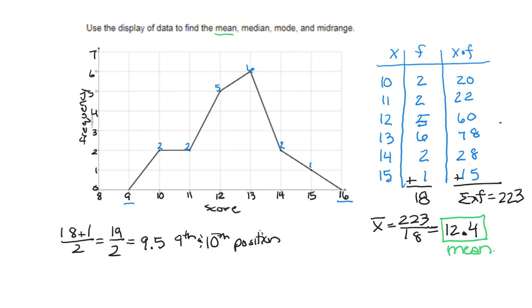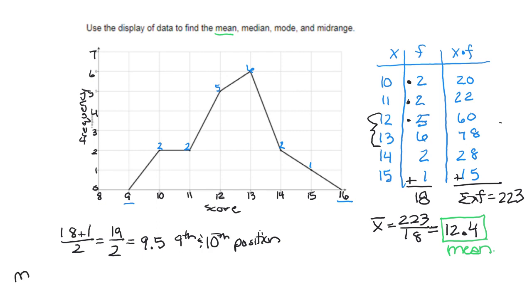All right, so let's count these numbers out. If you look at the frequencies, I'm going to add this 2. I'm looking at my frequency column on my distribution. 2 plus 2 is 4. 4 plus 5 is 9. So this value is telling me it's going to be between the 12th and the 13th where I have to find my median.